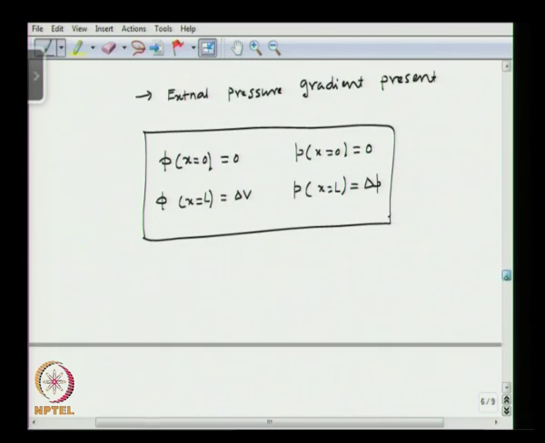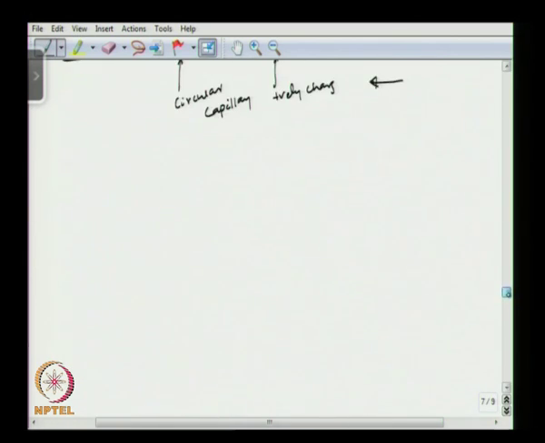Now, we can write the negative gradient of the potential phi, which is nothing but the electric field, as minus delta V over L into e_x, the unit vector along the x direction.